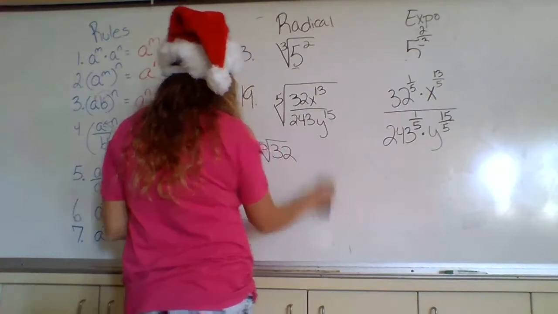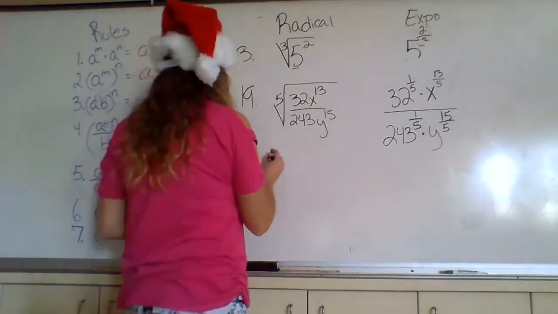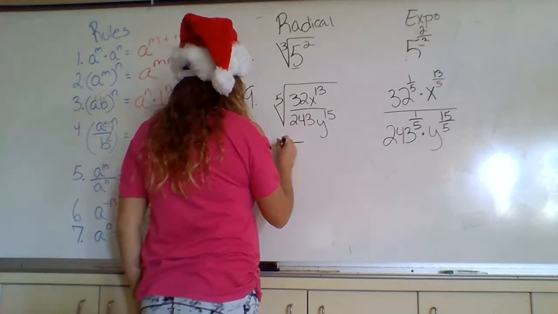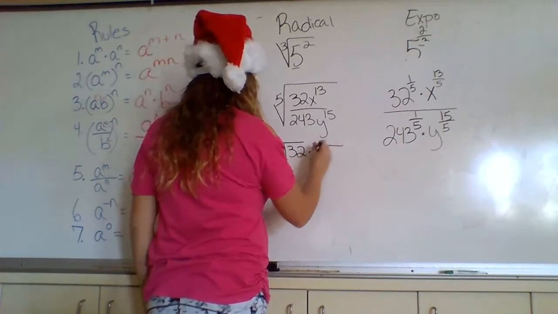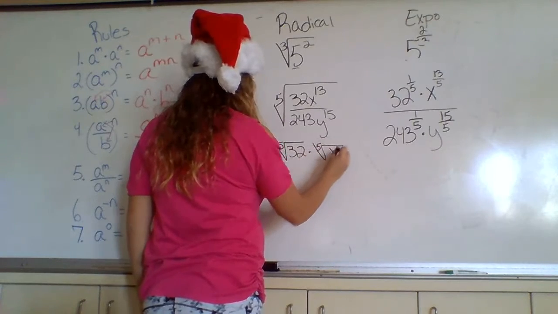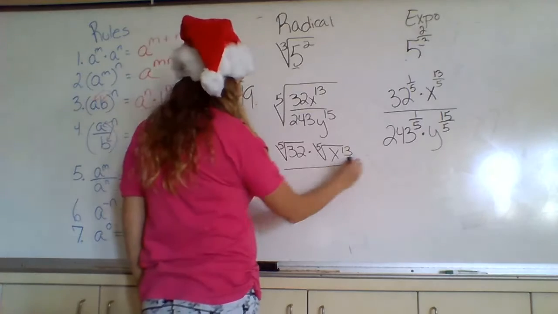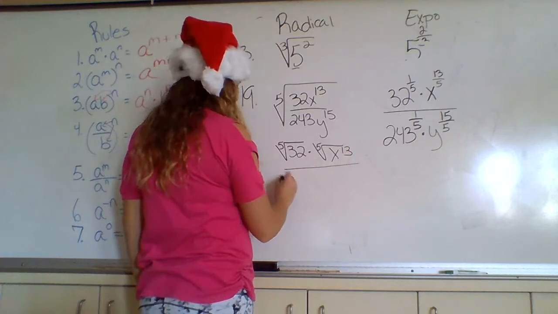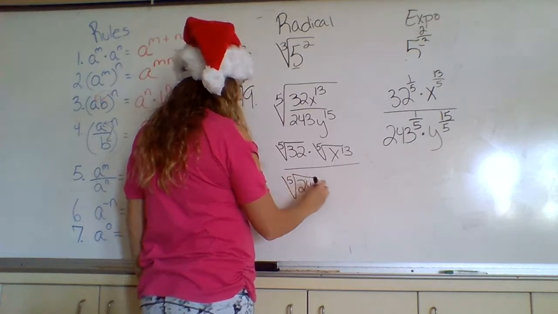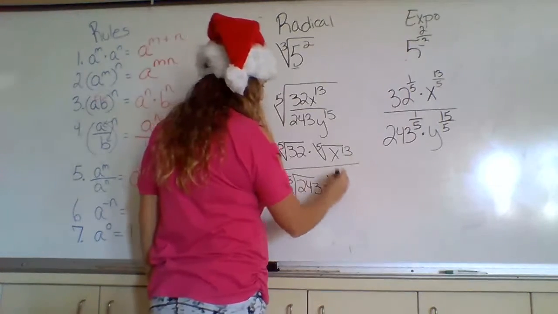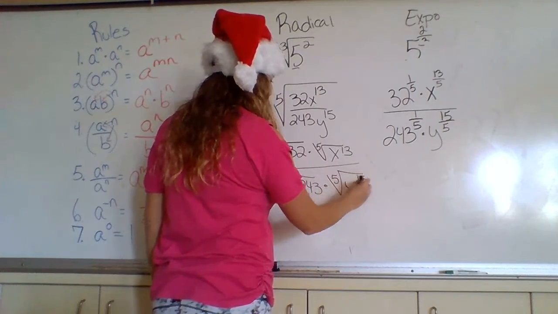If it's easier for you to take the root of everything first and rewrite it, we would rewrite this as the 5th root of 32 times the 5th root of x to the 13th power, all over the 5th root of 243 times the 5th root of y to the 15th.